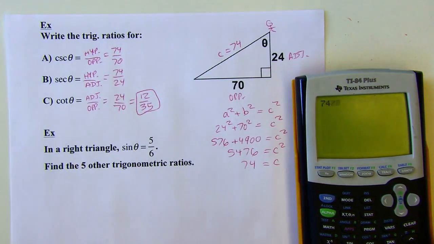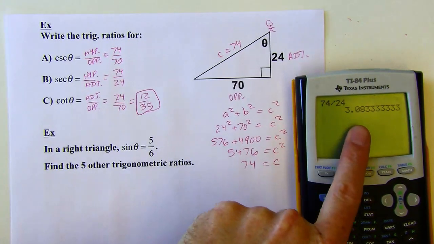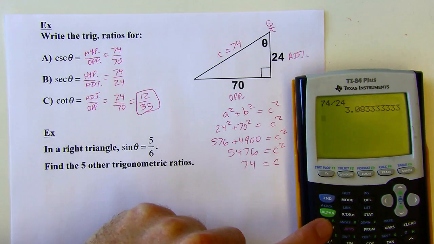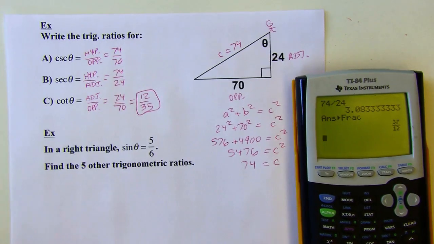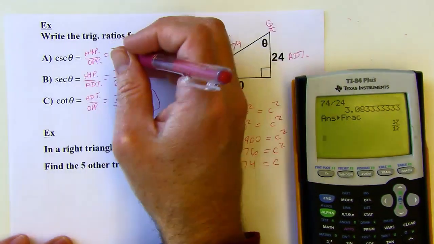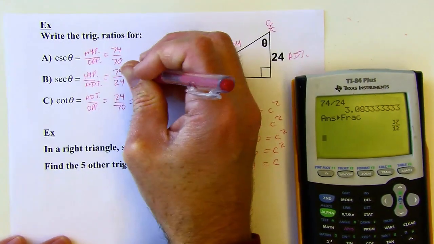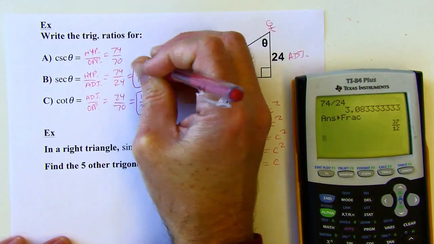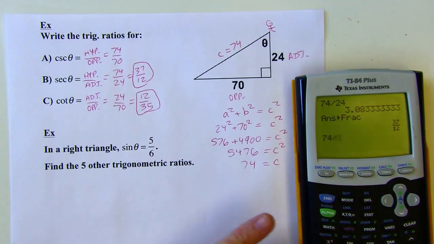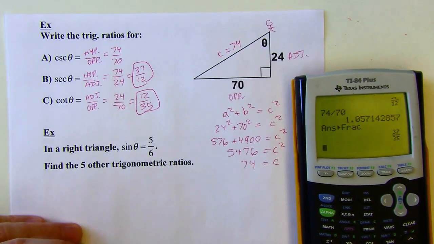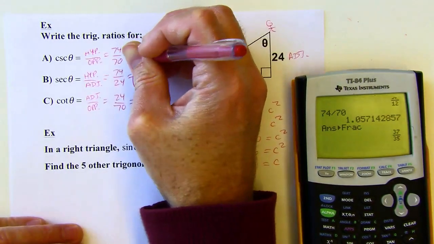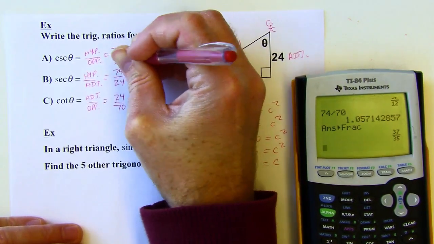I think I've shown this probably before, but 74 divided by 24, now it's a decimal, but if I hit the math button right there and choose fraction, it'll turn it back into a fraction, but now it's reduced. So 37/12 is this one. Okay, and I can do the same thing with 74 over 70, even though these wouldn't be that difficult to reduce by hand. Then I've got 37 over 35.